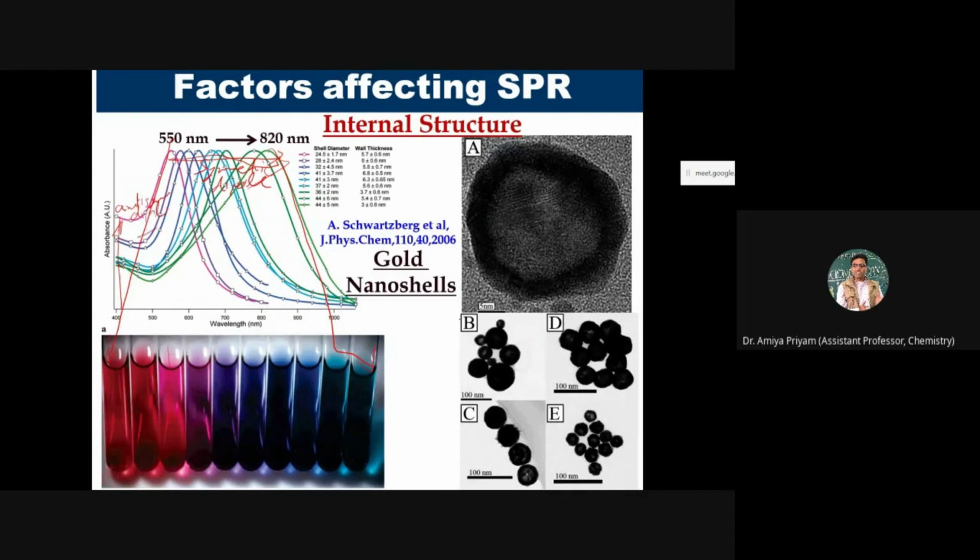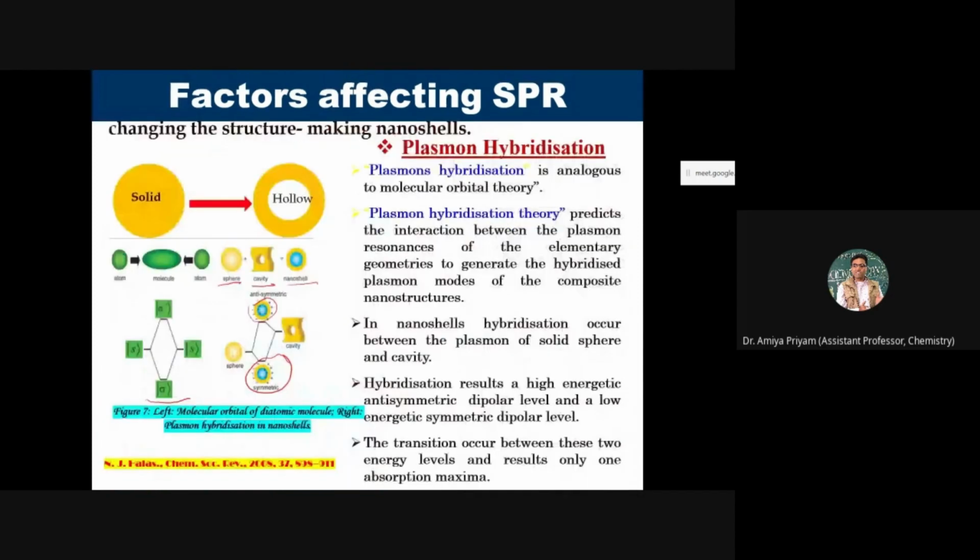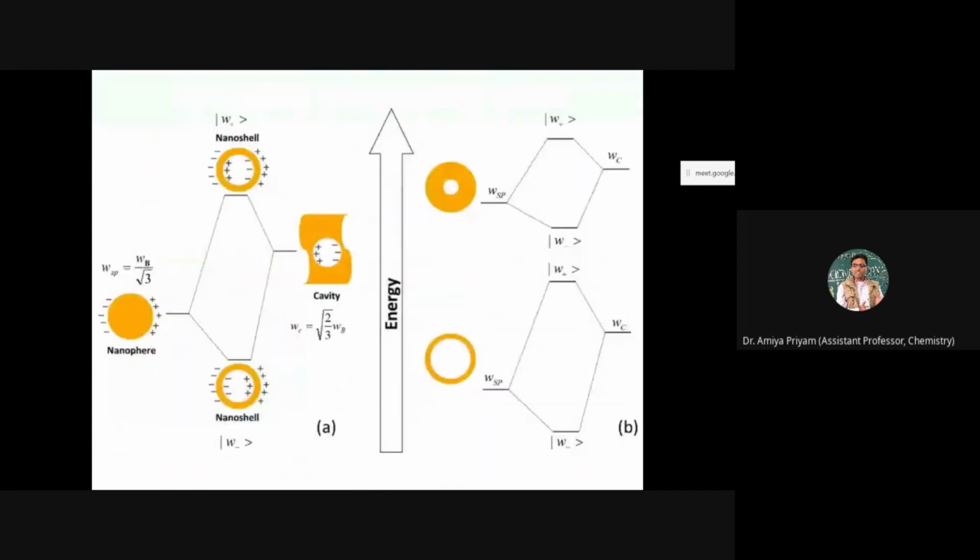So it is also important, and both of these have been observed. It is the interaction between the two plasmon resonance modes that gives you a composite, single appearance over here. Hybridization occurs with the plasmon of a solid sphere, and this is how it happens.